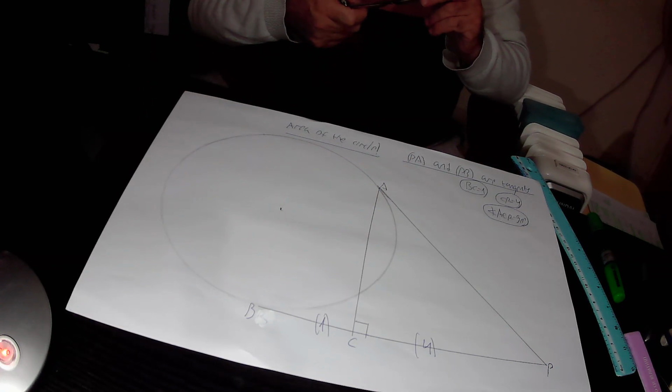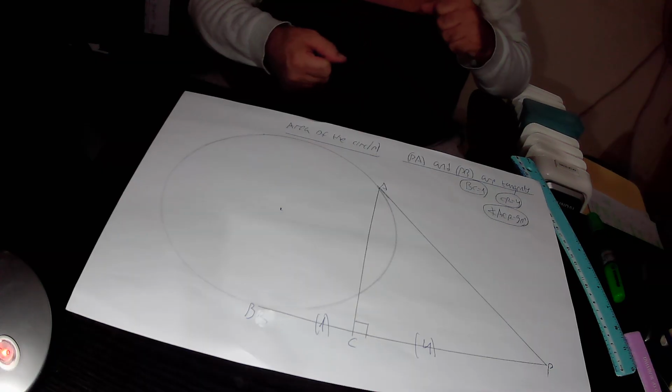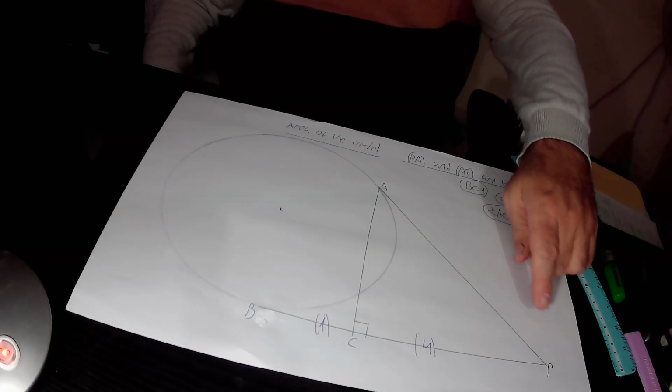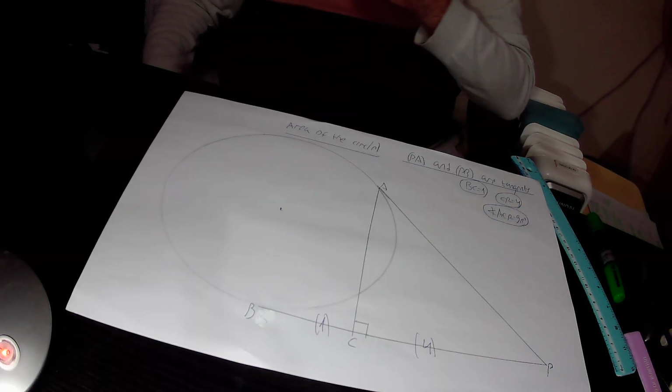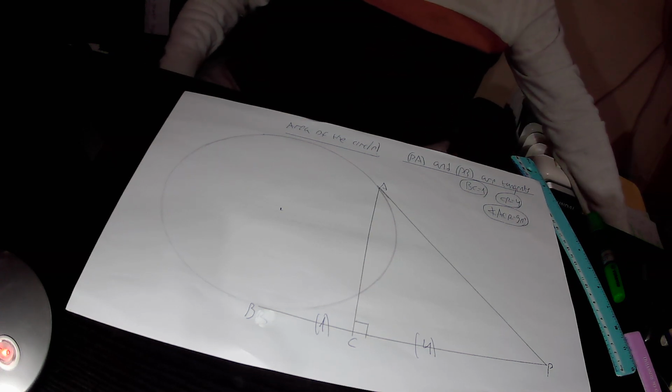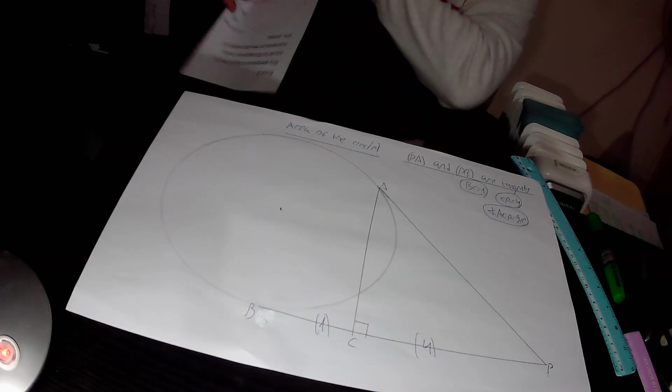So in the drawing, from the common point P, we have 2 tangents to this circle, tangent PA and tangent PB. And therefore, we can implement here rule 2.